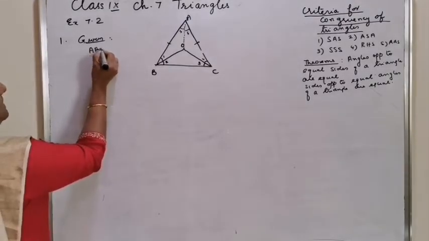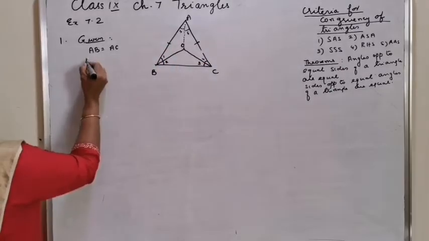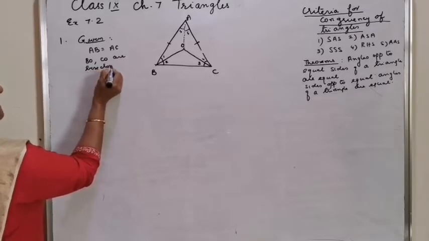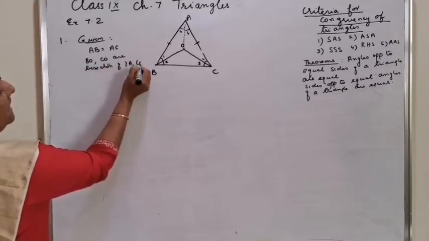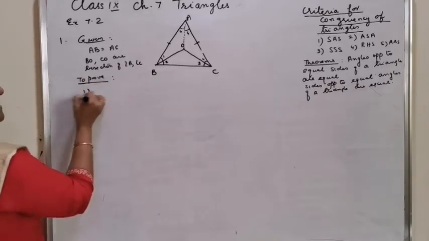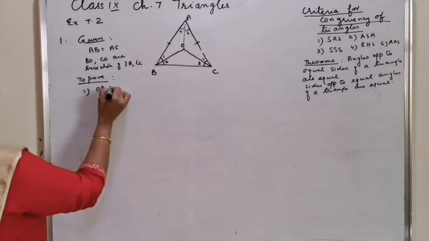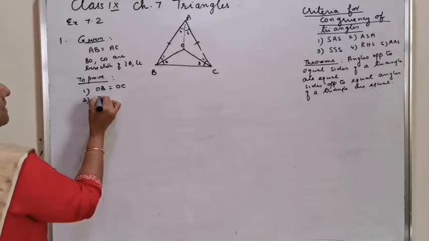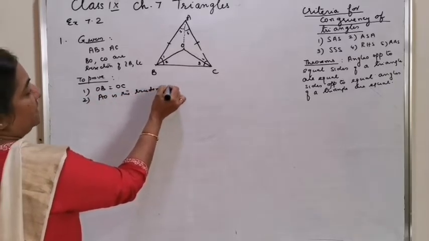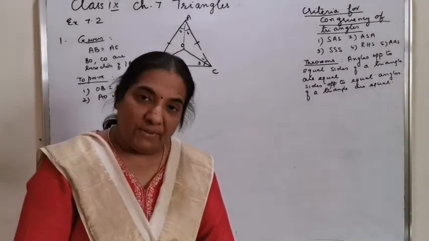Given AB and AC are equal, then BO and CO are bisectors of angle B and angle C. And what is to prove is, the first condition is OB is equal to OC, and the second one, AO is the bisector of angle A.